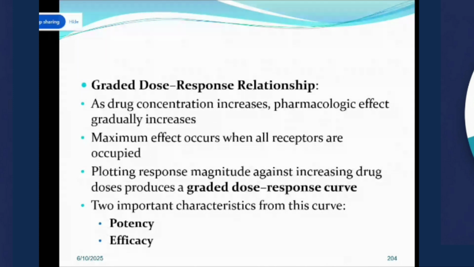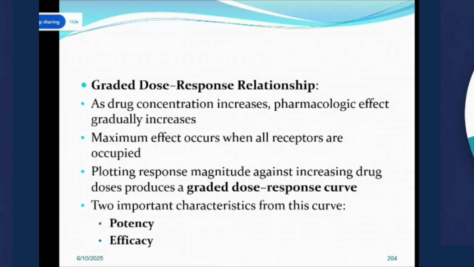Graded dose response relationship. Someone to read that? Graded dose relationship. As drug concentration increases, pharmacologic effect gradually increases. Maximum effect occurs when all receptors are occupied. Plotting response magnitude against increasing drug doses produces a graded dose response curve. Two important characteristics from this curve: potency, efficacy.